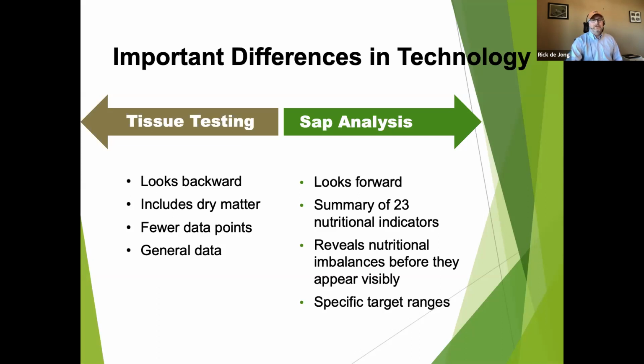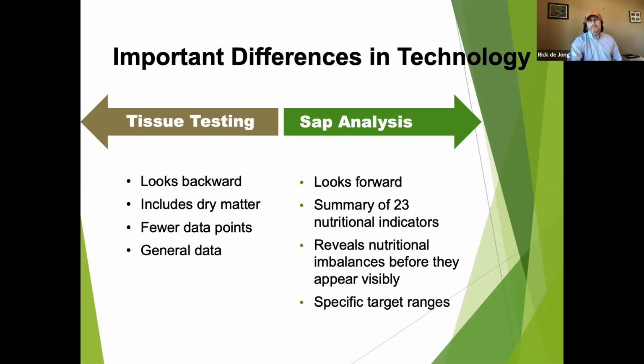But that nutrient is no longer available for that tree growth and for that crop development. It's essentially utilized, it's tied up. It's the sap that actually has the nutrient that's available for the crop.